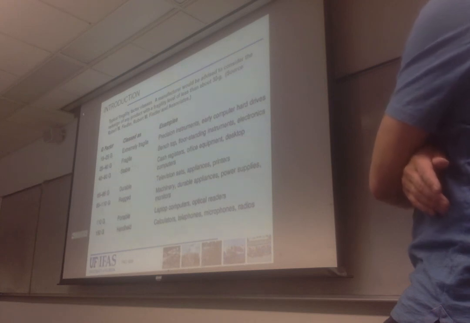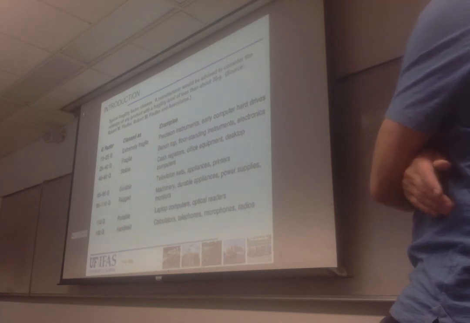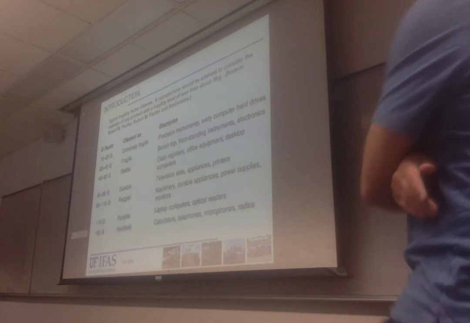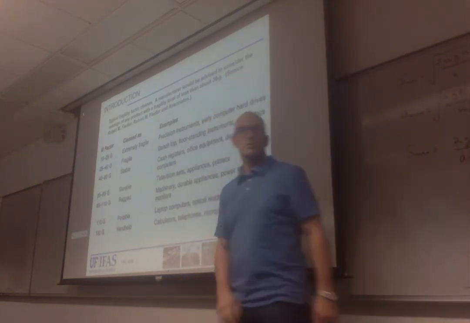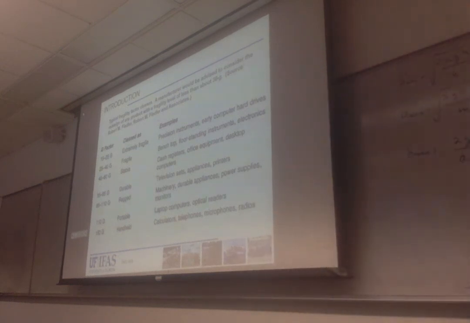It's also mentioned here, if you have a product that has a fragility level less than 30 G, you may think of redesigning it. So precision instruments, okay. Obviously, computer hard drives should be redone at some point as well, because more and more you have solid state drives with very few moving parts in this equipment, so it's getting better, but this is just to give you an idea.